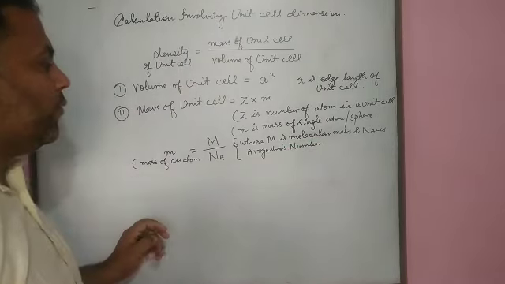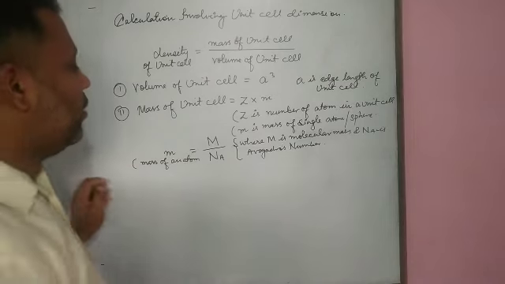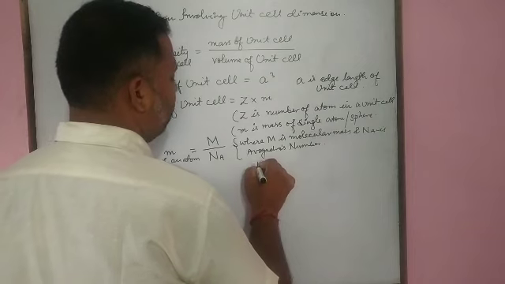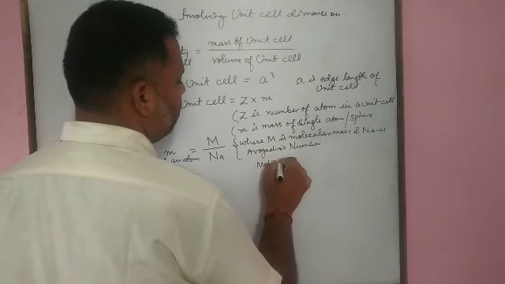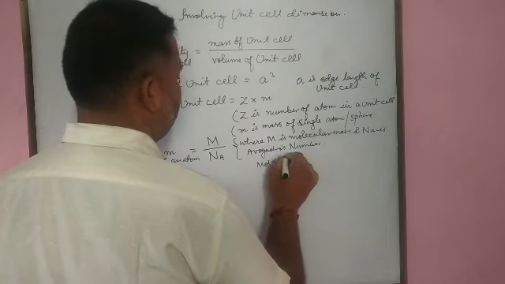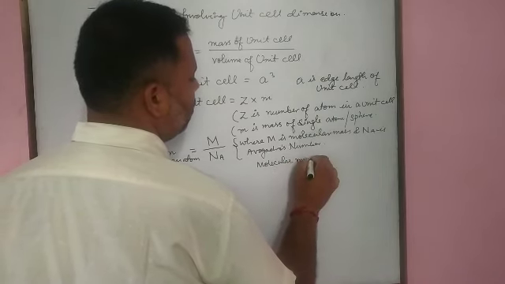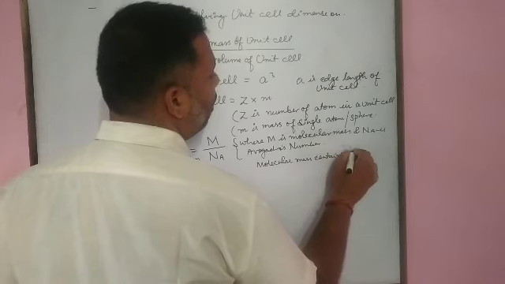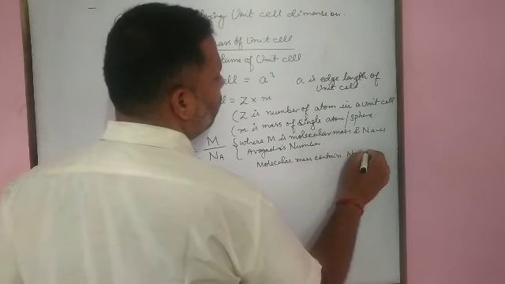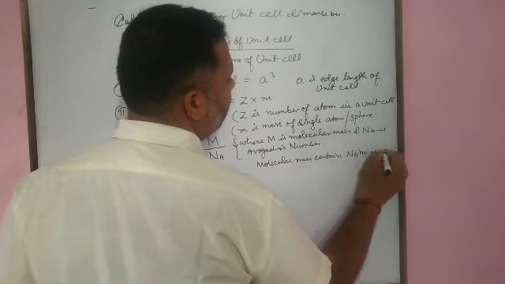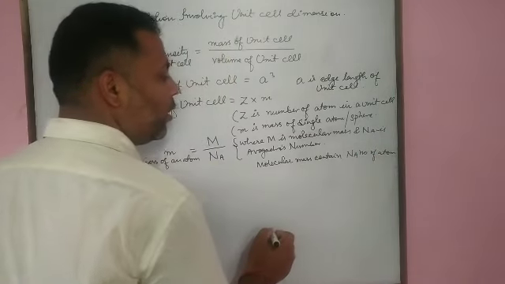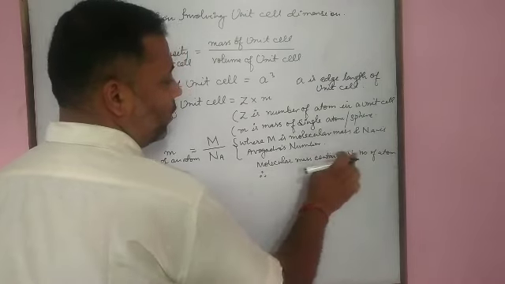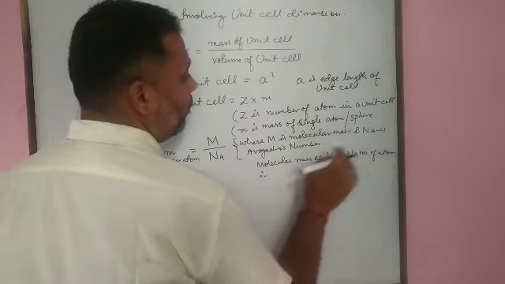We have studied how it is obtained. We know that the molecular mass contains a number of atoms. Therefore, molecular mass contains Na number of atoms.